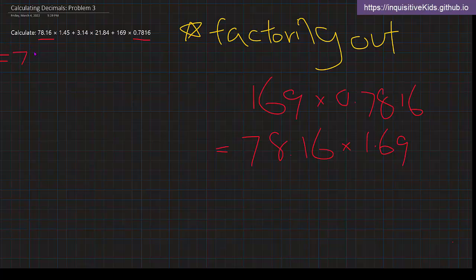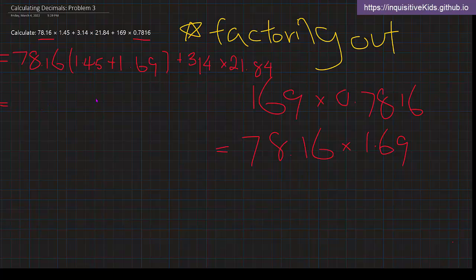We can factor out the 78.16, and in the parentheses, we have 1.45 plus 1.69. And then, of course, we have 3.14 times 21.84.